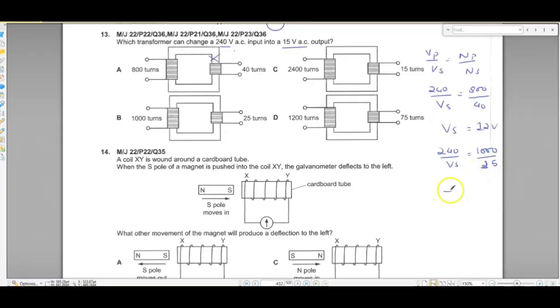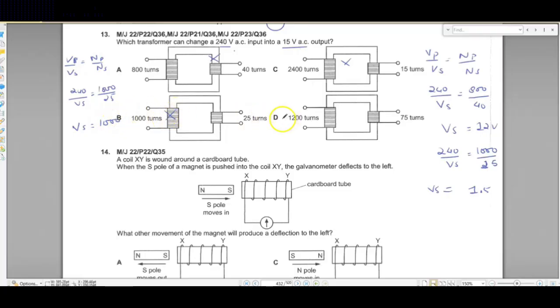Over 15, and this gives us Vs to be 1.5. So this option is also not correct. Okay, let's move to this side. Vp over Vs is equal to Np over Ns, and put in our values. 240 over Vs is equal to 1000 over 25, and this gives a value of Vs equal to 1000, which is also not correct.